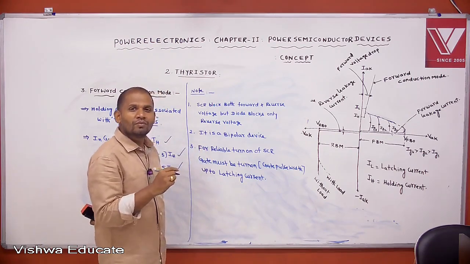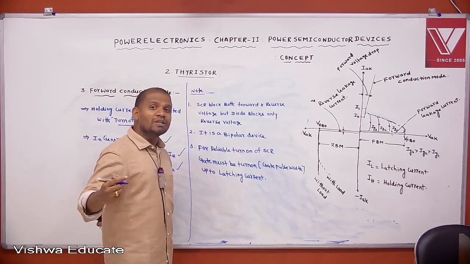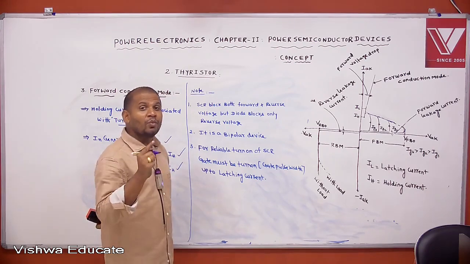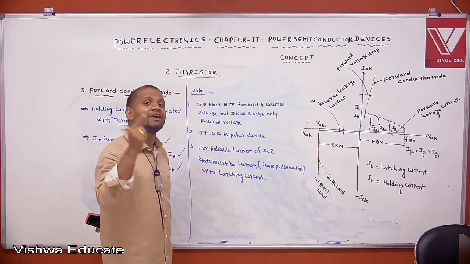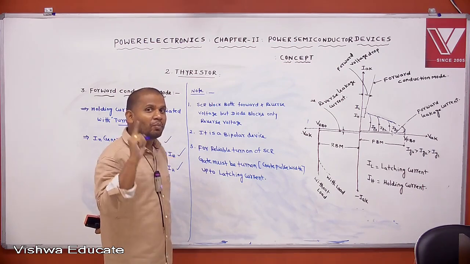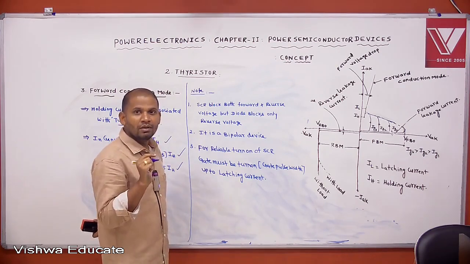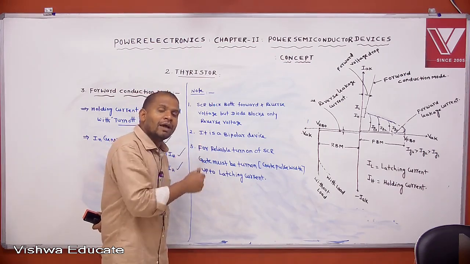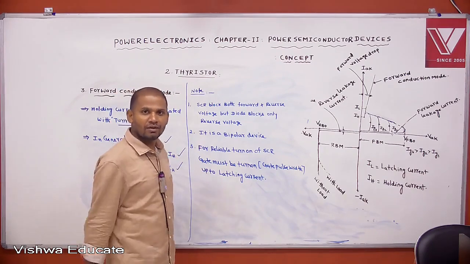The question is framed like this: for reliable turn on of SCR, gate pulse width equals dash. Gate pulse width is the gate on time, not the total time period. How much time must the gate be on? You find the time corresponding to the latching current. That gives the gate pulse width for reliable turn on.